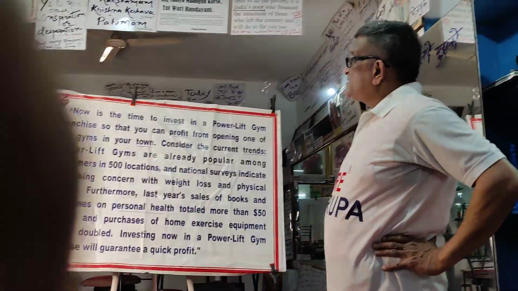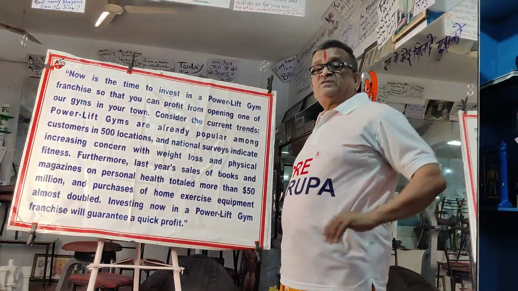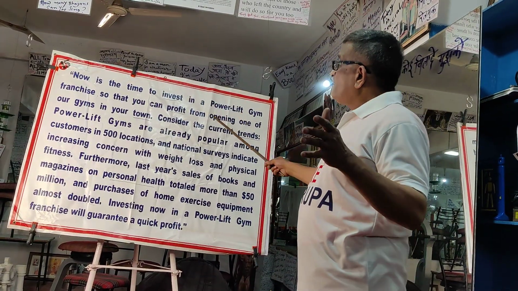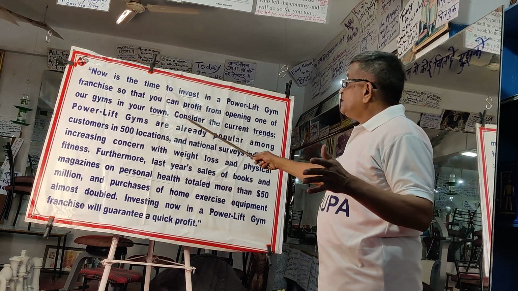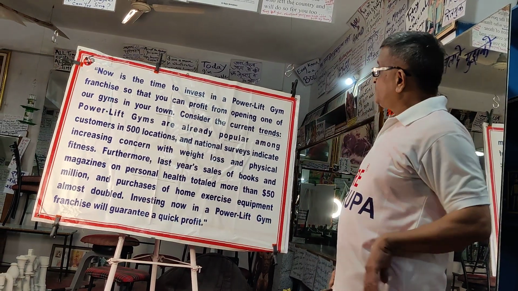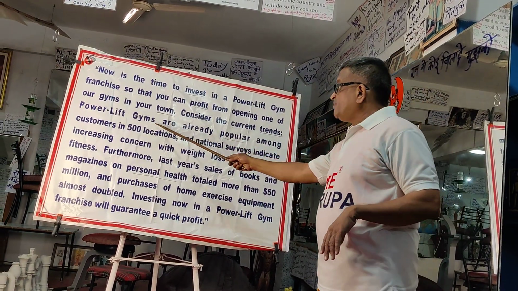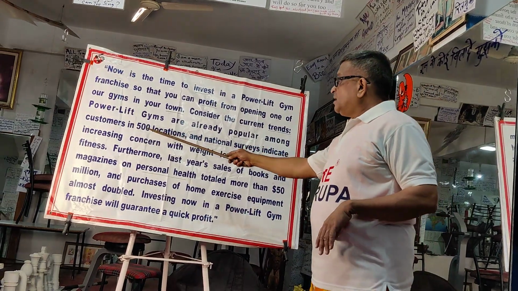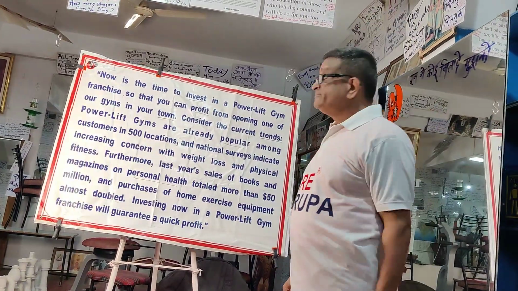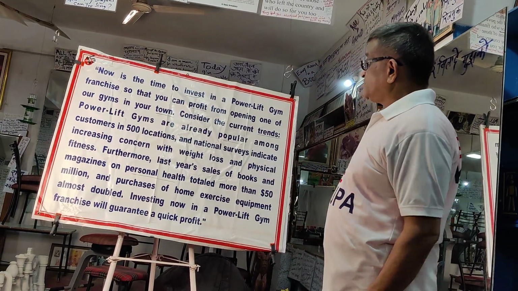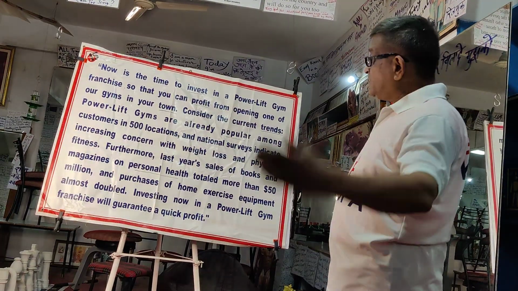So my introduction was, the speaker recommends that investing now in a powerlift gym franchise will yield a quick profit. That's what he said. The second sentence, the speaker presumes that powerlift gyms will be very popular even in the reader's location, simply because they are already popular in 500 other locations.